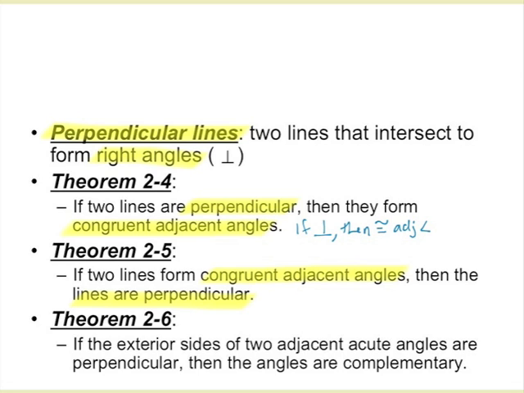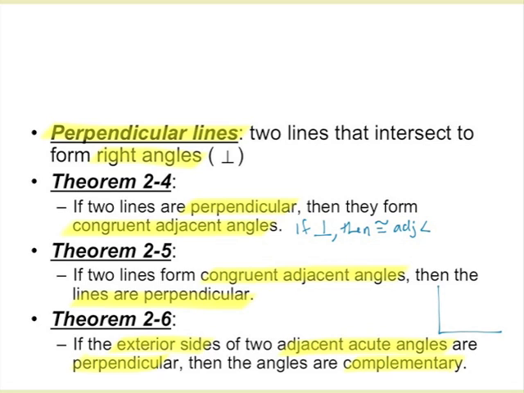The last one here says, if the exterior sides of adjacent acute angles are perpendicular, then the angles are complementary. So that's something new, we haven't talked about acute angles. We've got lots of keywords in this one. This one says something totally different than the other ones. Exterior means outside.